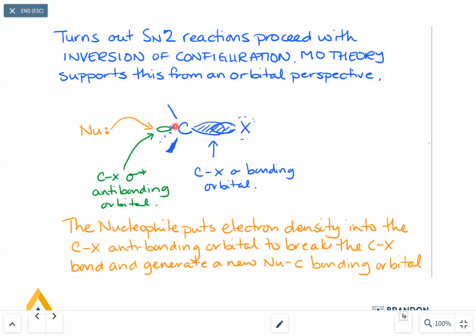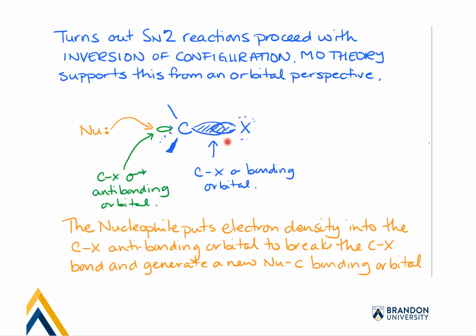So if you want to break this carbon X bond, you've got to put electron density into this orbital, whose location is on the opposite side of where this leaving group is. So the nucleophile has to attack this carbon from the opposite side of the leaving group.